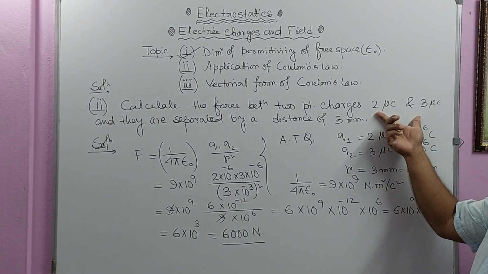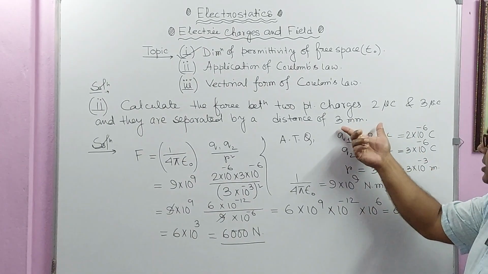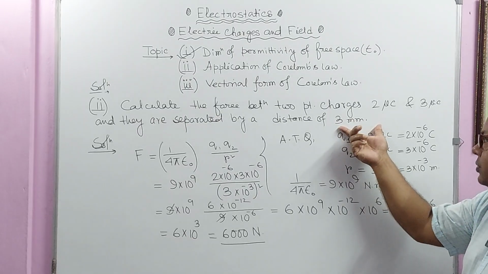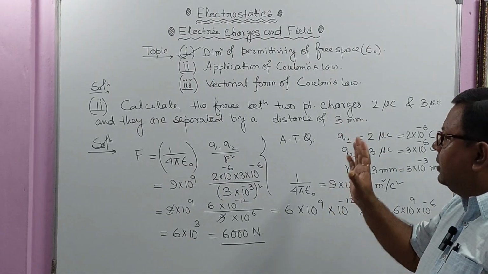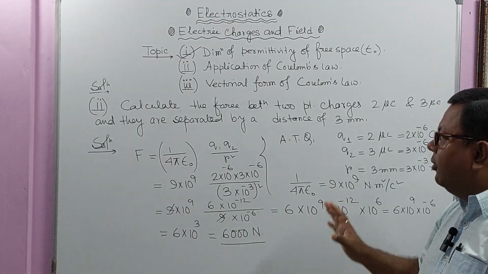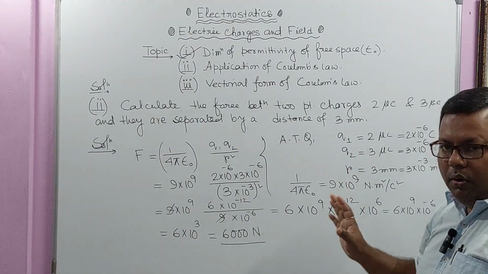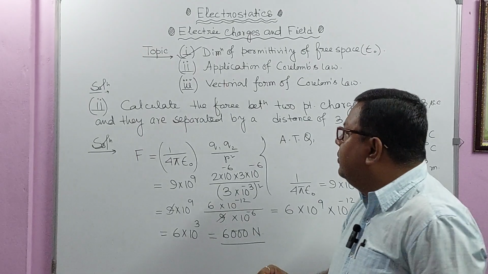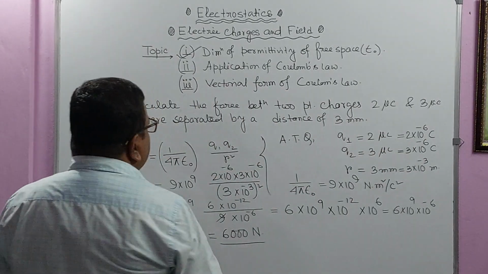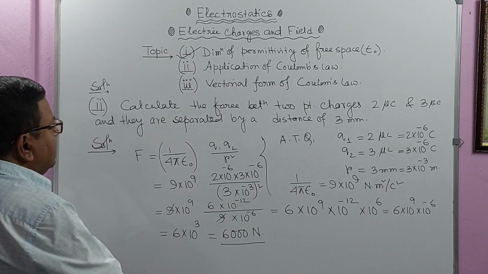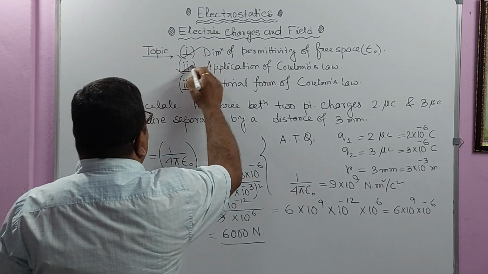One is 2 Coulomb, another is 3 Coulomb, and the distance between them is very small, which is 3 millimeter. So this is the beauty of calculation, and that's why we realize the impact of this law in our day-to-day life. Okay, so now the third topic, which is the vectorial form of Coulomb's law.